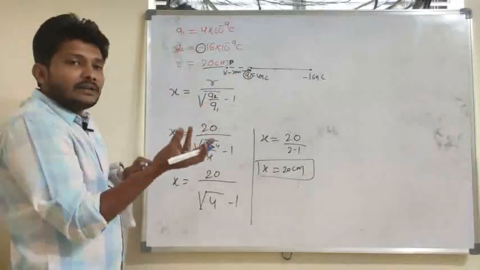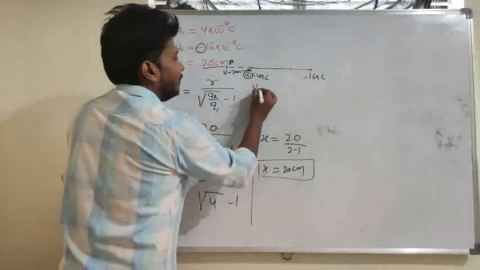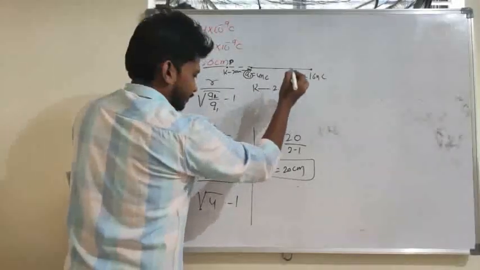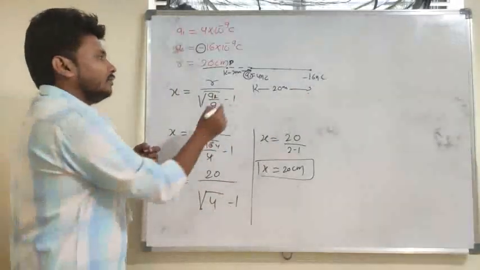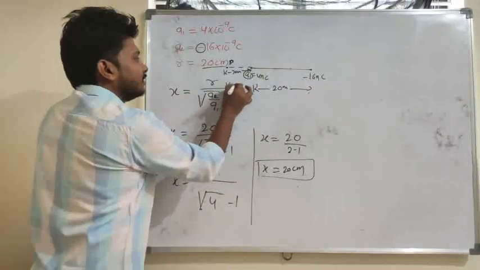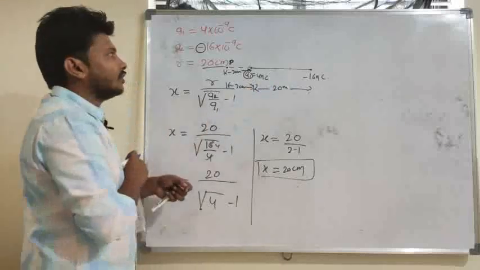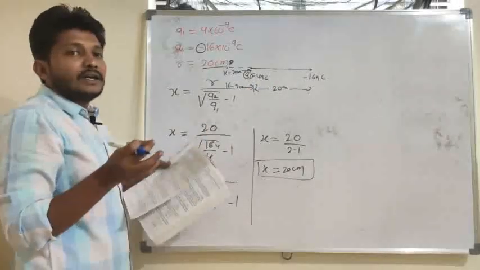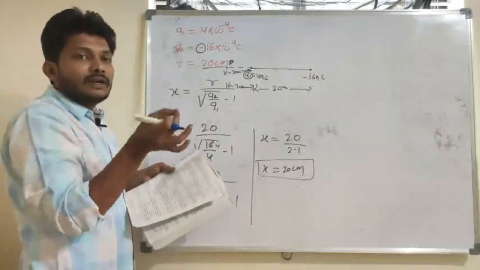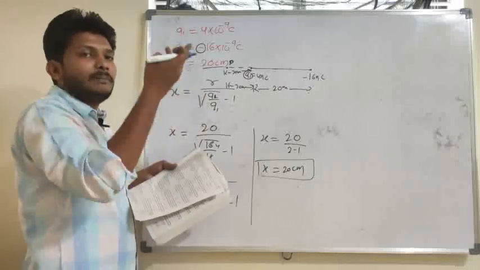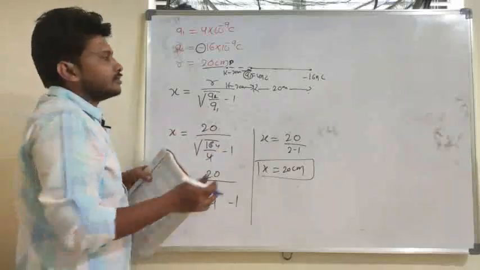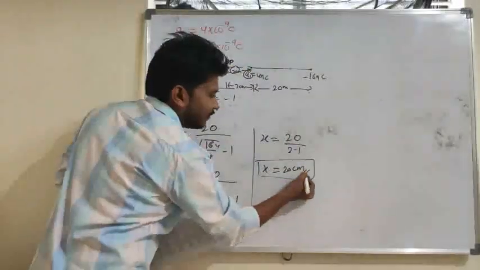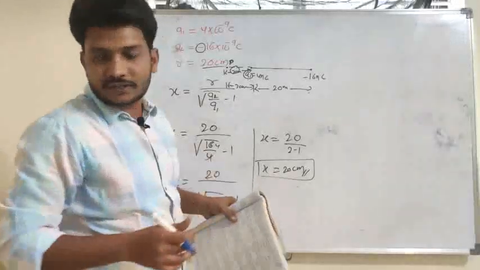And from the bigger charge, what's the distance here? Already the distance between the charges is 20 centimeter, and this is also 20 centimeter. What is the total distance? At a distance of 40 centimeter from the bigger charge, you will get the zero electric field. And from the smaller charge, the distance is 20 centimeter. I hope you understand this one.